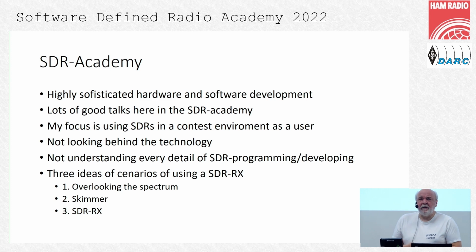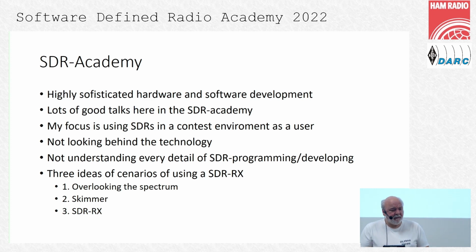I will talk to you about 3 ideas, which are coming with the SDR to us, to the users, to the contesters. First, something, of course, about seeing this spectrum. Then I will show you the Skimmer network, which is only possible with the SDRs, and what you can do if you have only an SDR receiver.